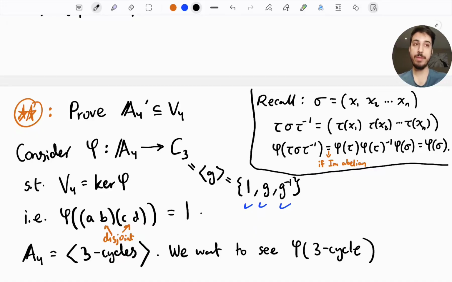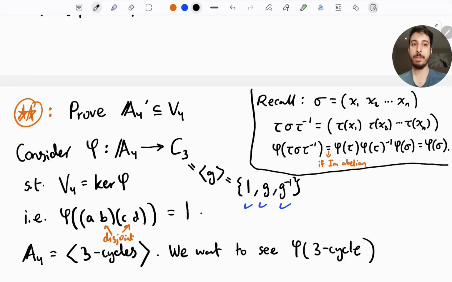If we apply phi on that, phi of this conjugate equals phi of tau times phi of sigma times phi of tau inverse. But because C3 is abelian, we can flip around and cancel to get phi of sigma. So if we apply a conjugate on sigma, the result of phi is the same as phi of sigma.